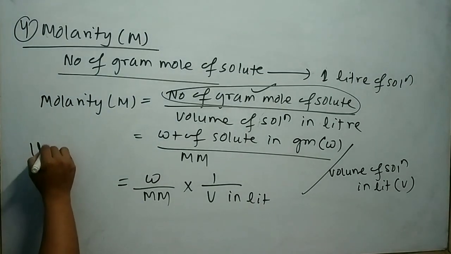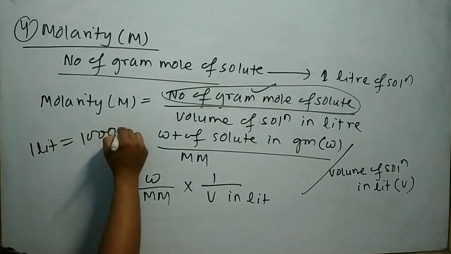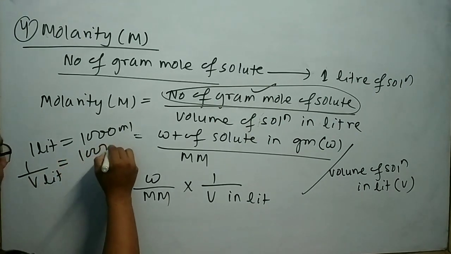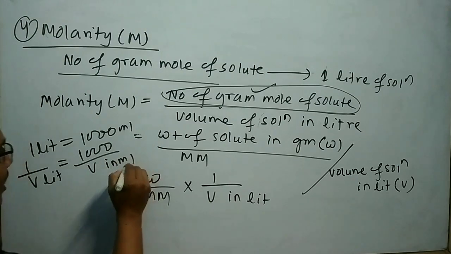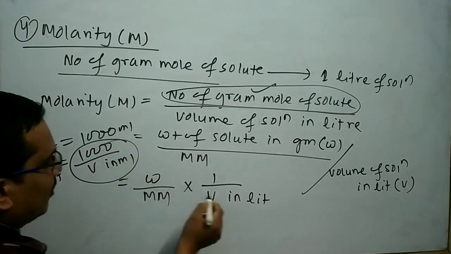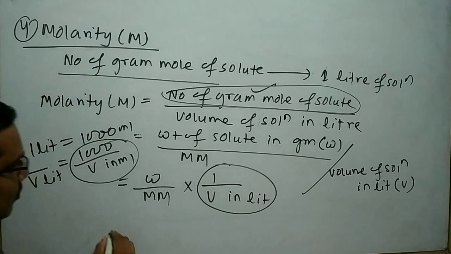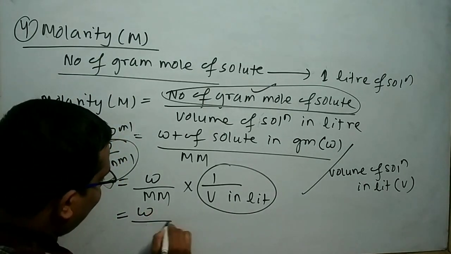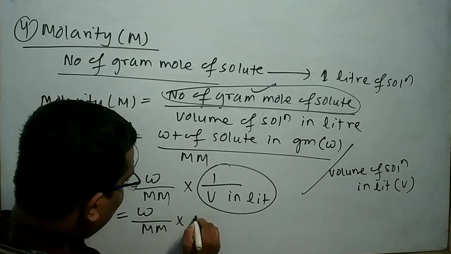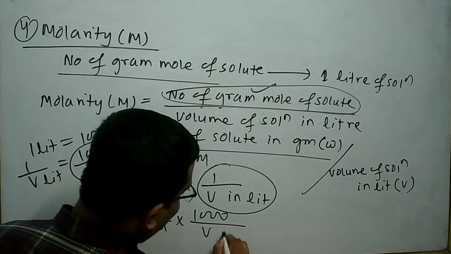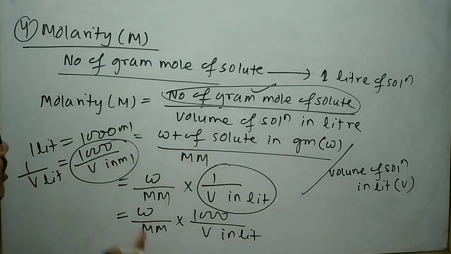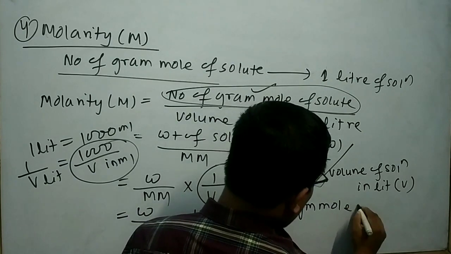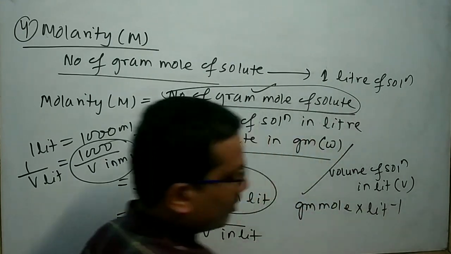We know that 1 liter is equal to 1000 ml, so 1 by V liter equals 1000 by V in ml. Now putting this in place, I can write molarity M equal to W by Mm into 1000 by V in ml. The unit of molarity is gram mole per liter.